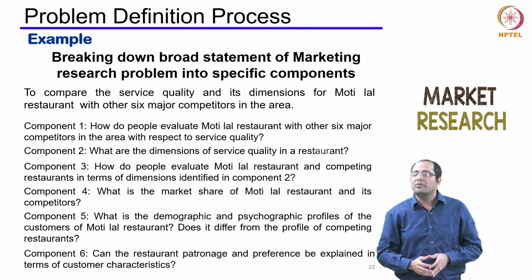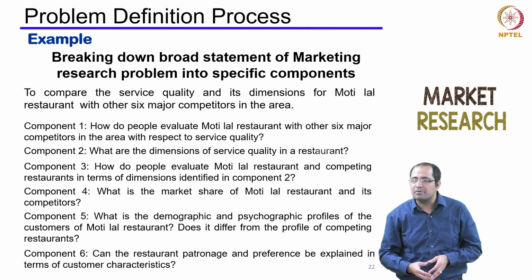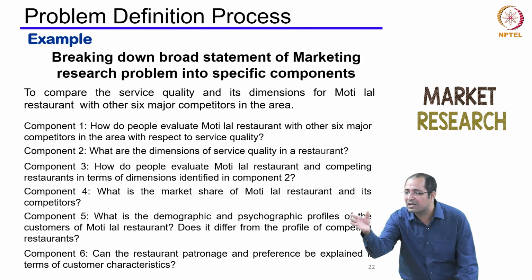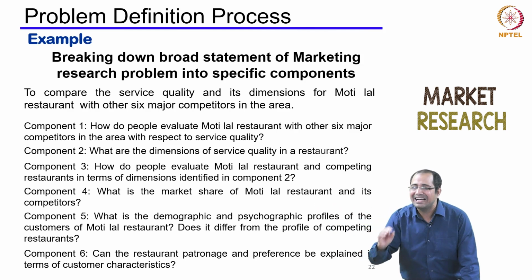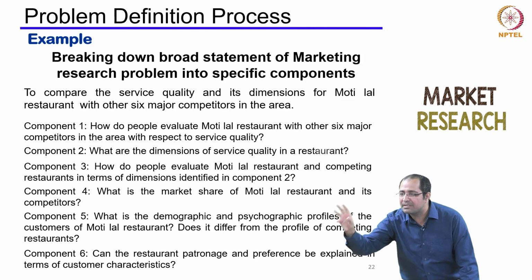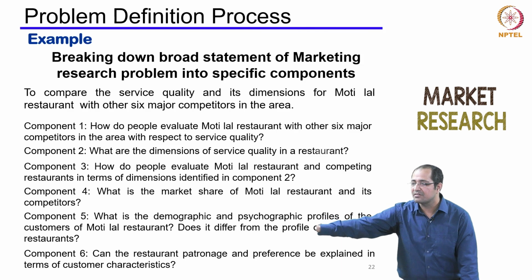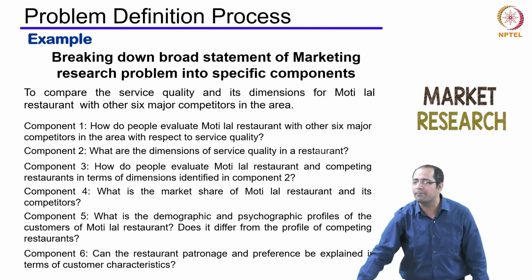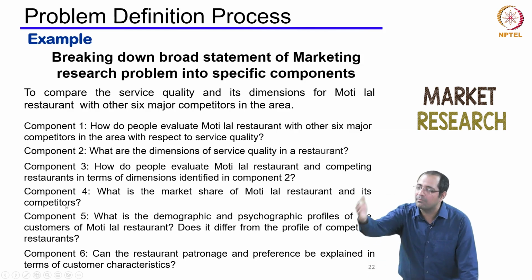And many times there will be a component focused on the customers, where you will want to understand what are the demographics and psychographics of your customers. Are they the same as your competitors', and are there any segments in the market related to restaurant patronage? These will be the compulsory components you have to write, because marketing is only about customers, right?